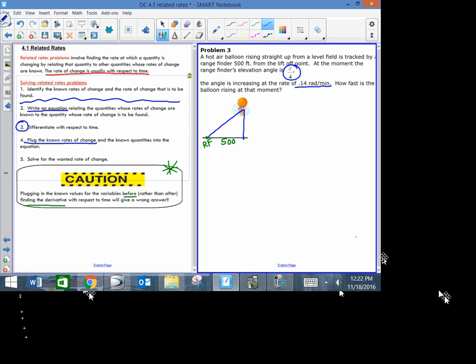That's an angle thing. So what are you going to call this angle? You call it whatever you want. R. Okay. All right. So that angle in there is R. All right. So what is 0.14?